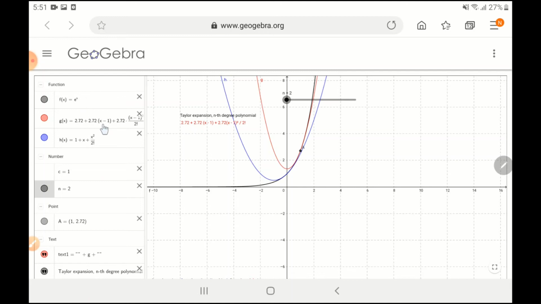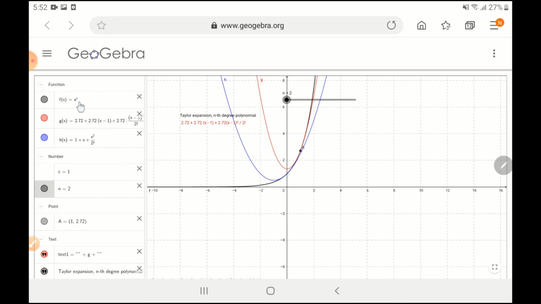Then the center of our series is more efficient if we choose the center as 1, because 1 is closer to 1. With center 0, yes, it will eventually approximate the function, but because 0 to 1 is quite far compared to 1 to 1, the Taylor series is more efficient to approach the value.